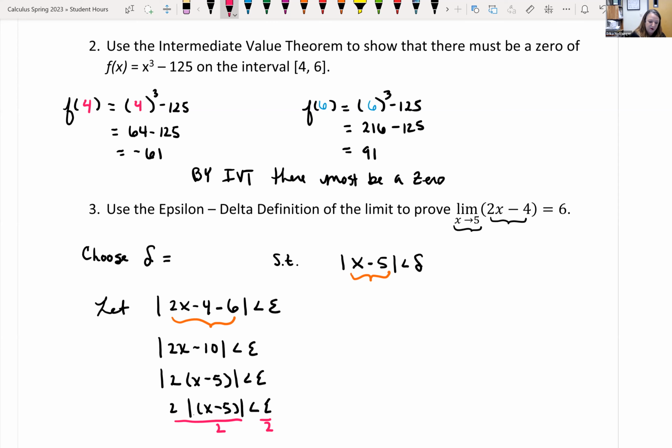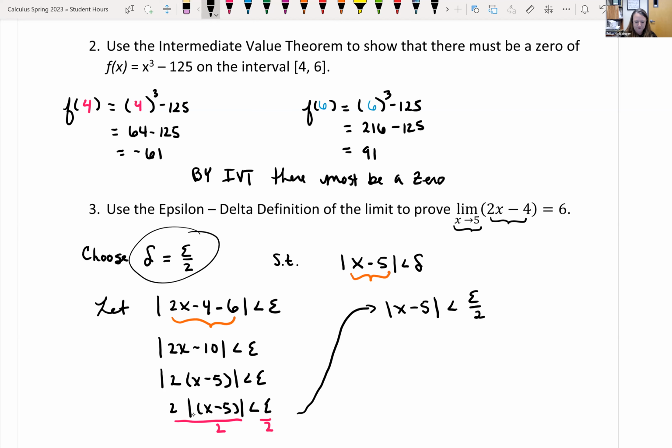And so notice now we have what we wanted. We have the absolute value of x minus 5 is less than epsilon over 2. So we want to choose our delta to be that epsilon over 2 here. So we just use the epsilon delta proof to show that that would be true.